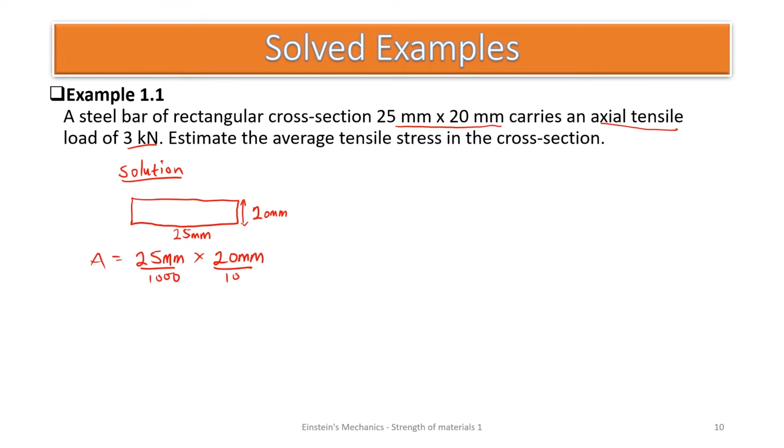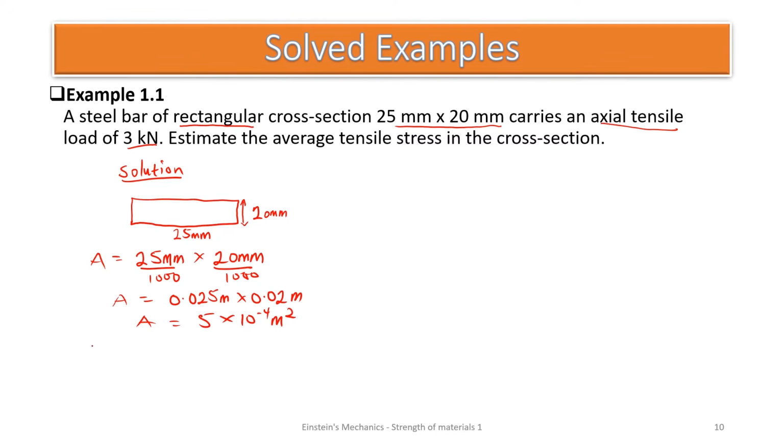I'm going to get the area to be 0.025 meters by 0.02 meters, and the area is going to give me 5 times 10 to the power negative 4 meters squared. So this is the area of the bar, the length times the width. Remember, it is a rectangular bar.